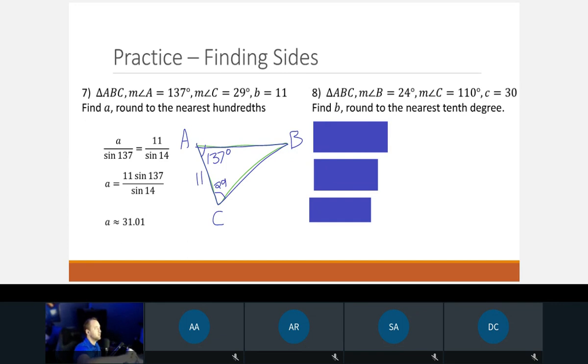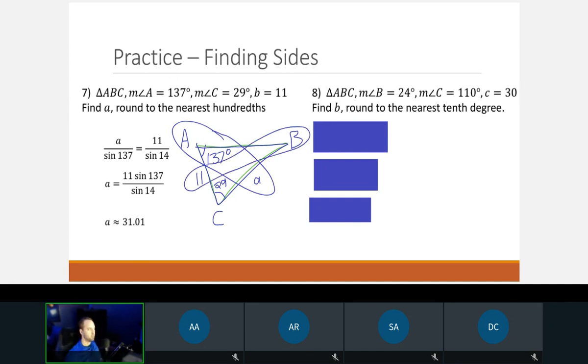And then it wants us to, where's the question? Oh, find side A. So side A is here. So we're trying to find side A. All right. We obviously need to use these pairs, and then we need to use side 11 and angle B. So you have to find angle B, right?